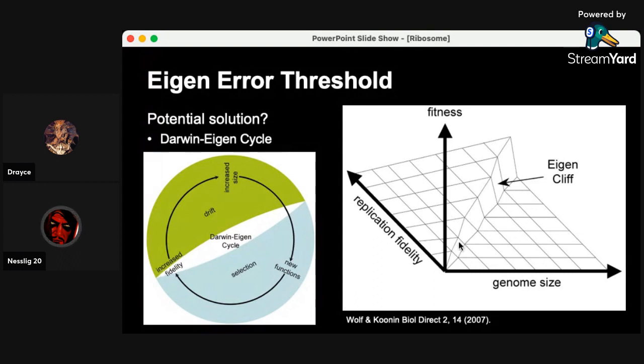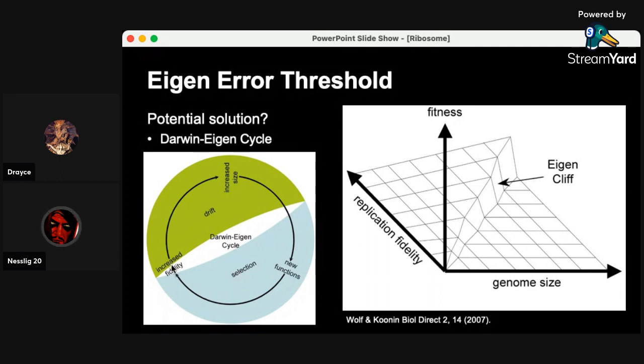So to quickly explain this idea, the Darwin-Eigen cycle, he proposed that without replication fidelity, you have a minimum genome size, but if you get a new function just by chance through genetic drift, you can increase fidelity through selection.